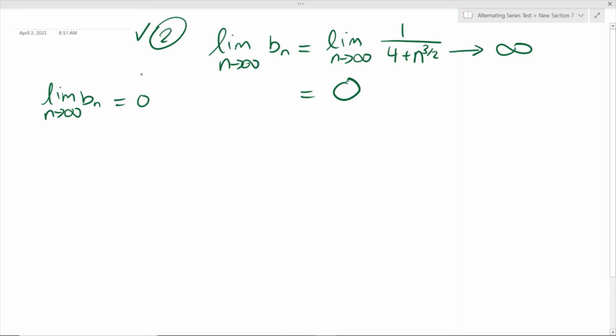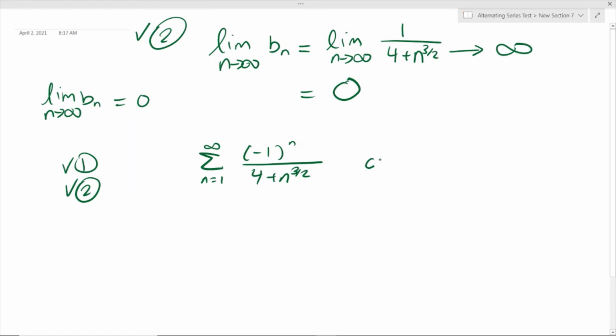And since we have satisfied our second condition and our first condition, that concludes that our series, this alternating series, is convergent. So we can say it converges. Then we remember that our original question was actually a cosine, cos of n plus 2 pi.